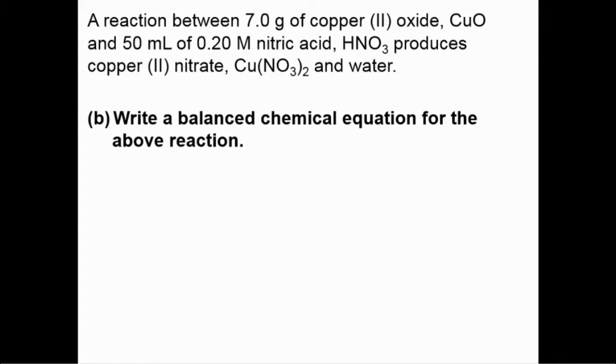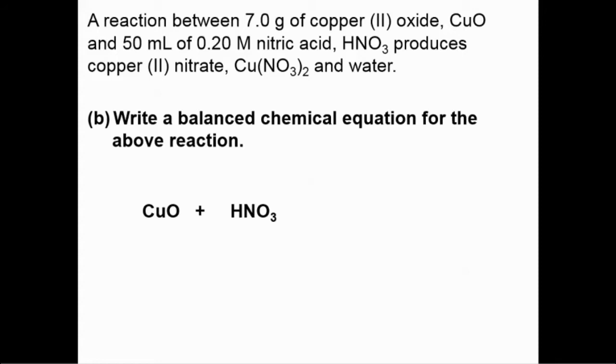What are the 2 reactants? We have copper 2 oxide and nitric acid, and later in this question we are going to determine which one of these 2 reactants will be the limiting reactant and which one is the excess reactant. But for this question we are just going to balance the equation first.